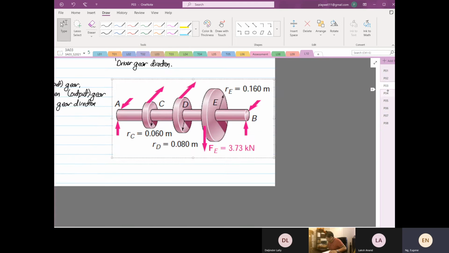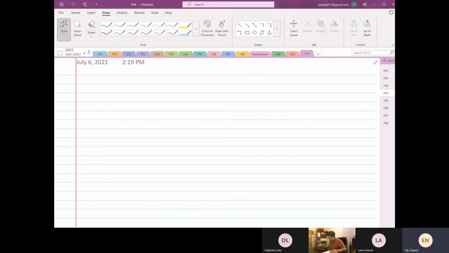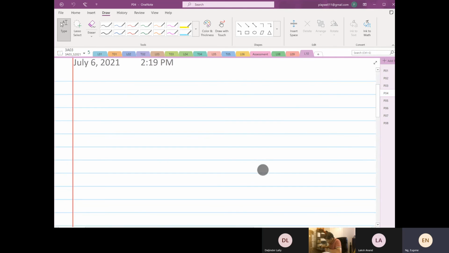I'm not going to draw 3D diagrams, just 2D diagrams.